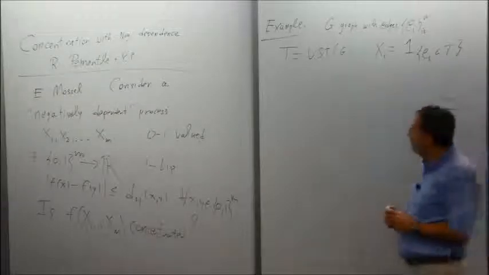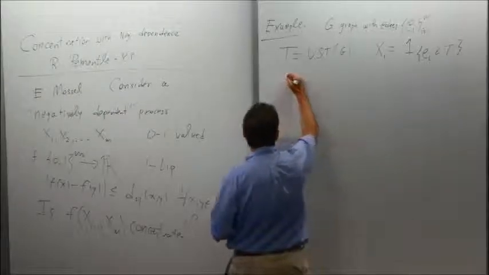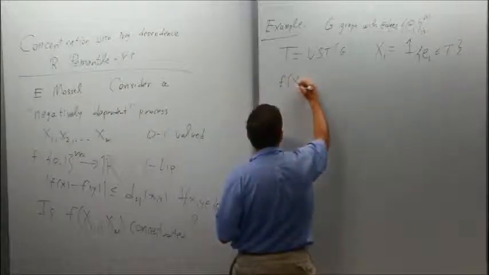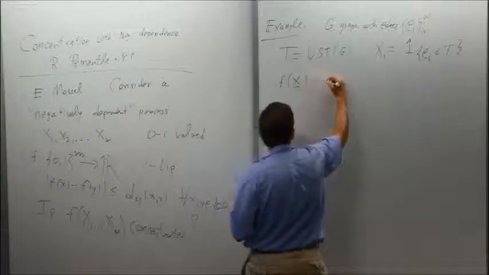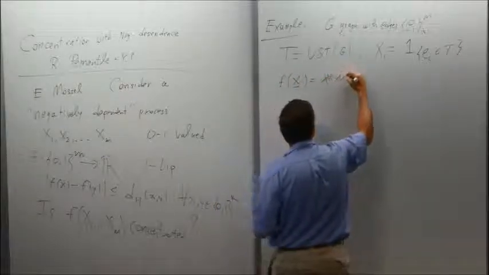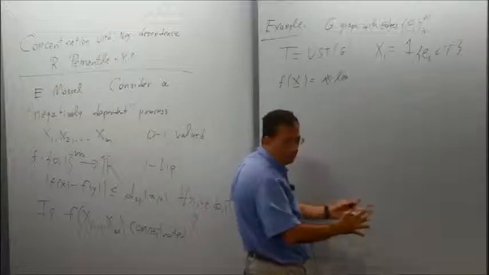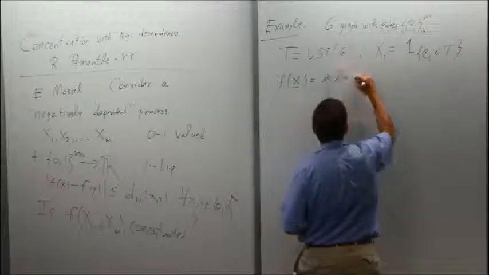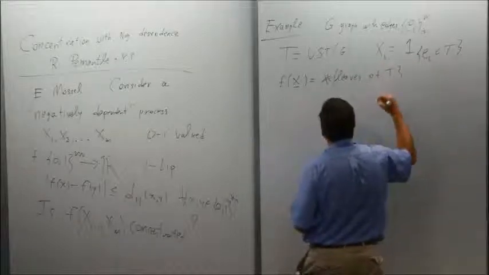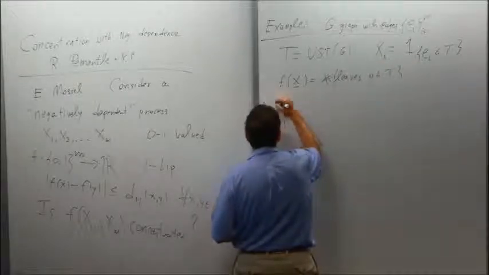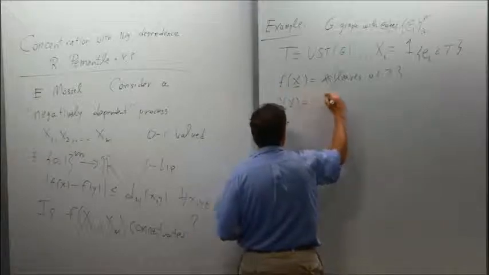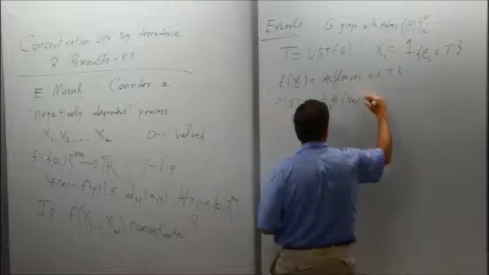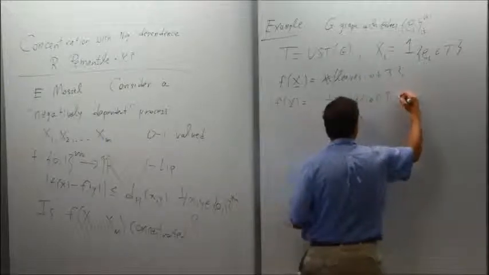So this is the example, and then we can take various Lipschitz functions f. Good examples to think of: f of x could be the number of leaves, right? If I see x, that tells me what the tree is, and I can ask for the number of leaves of the tree T. Or I could take f of x to be, for instance, half the number of vertices of T of odd degree.